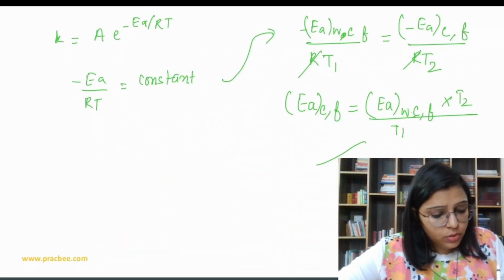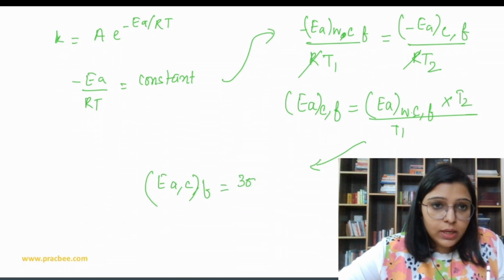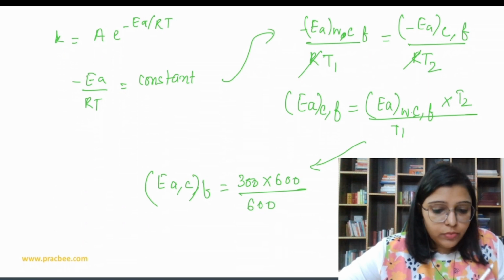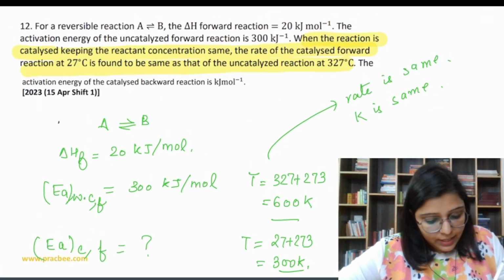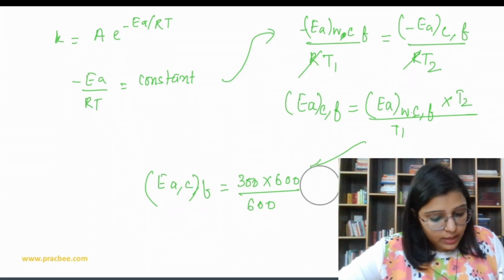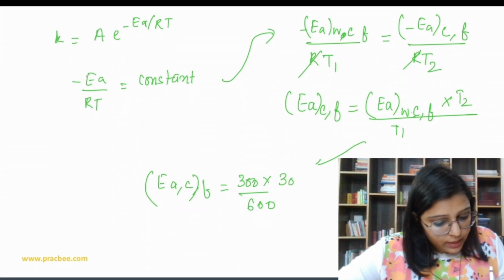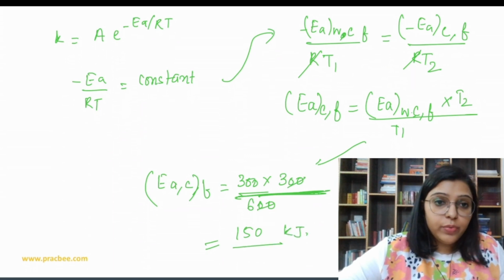So let's just put the value. So on putting the value, we get activation energy for catalyzed forward reaction equal to 300 into 300 divided by 600. I made a mistake earlier: activation energy is 300, T2 is 300. So on solving this, what do we get? We get 150 kilojoule.